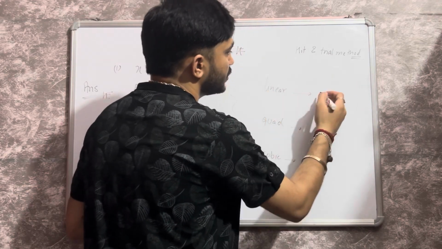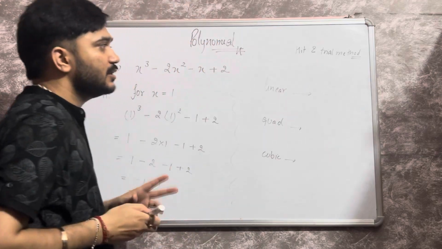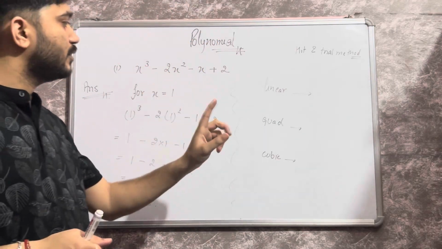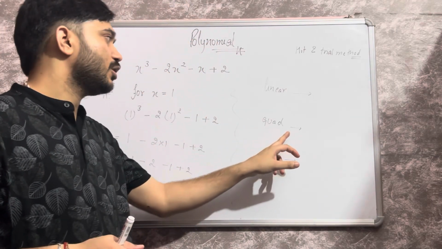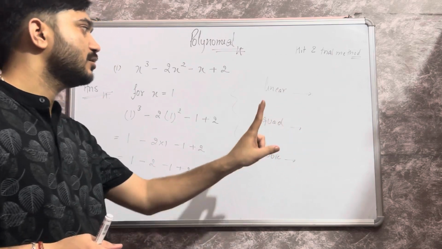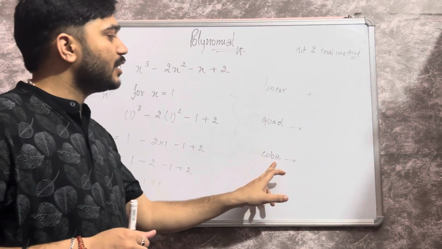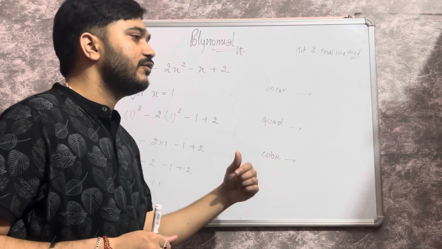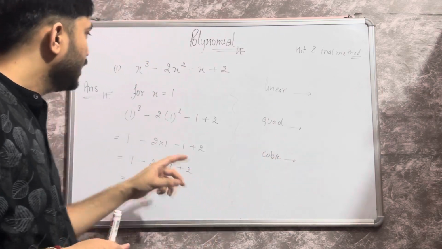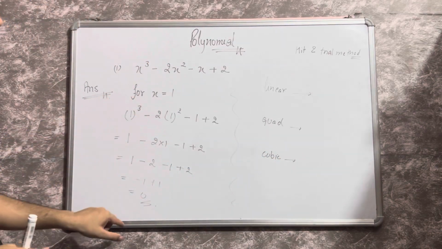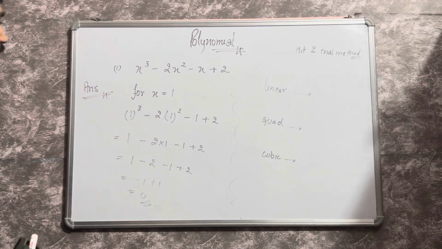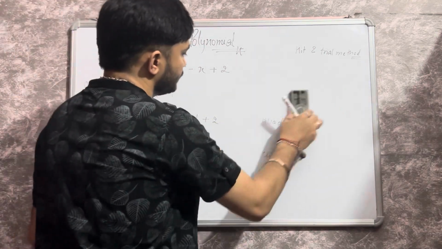In a linear equation, you will always get the value of x only 1. In a quadratic equation, you are going to have 2 values of x, and in cubic you will get the value of x as 3 numbers. Here we have only found the first number. How are we going to find another 2 numbers?